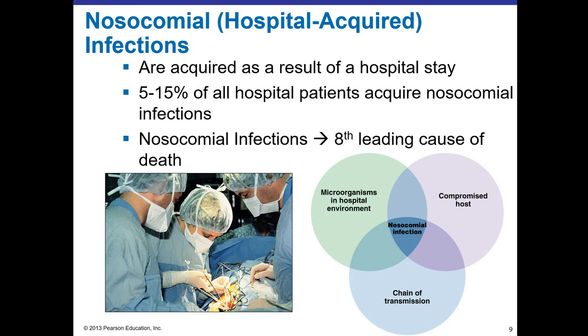You add to that the chain of transmission by healthcare professionals and staff, and it makes the perfect storm for nosocomial infections. Nosocomial infections are the 8th leading cause of death, so taking very seriously these types of infections that are acquired as a result of a hospital stay is important.